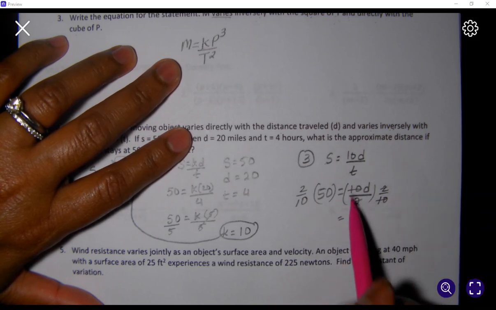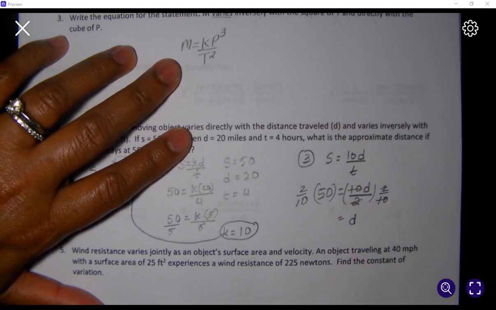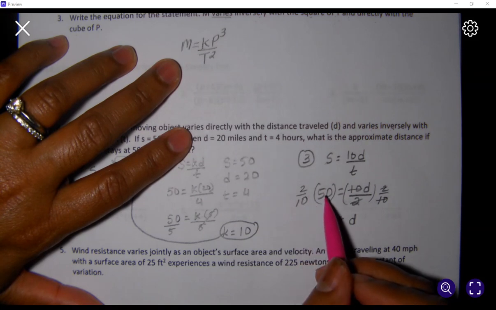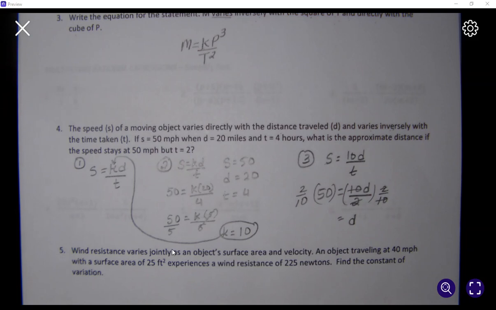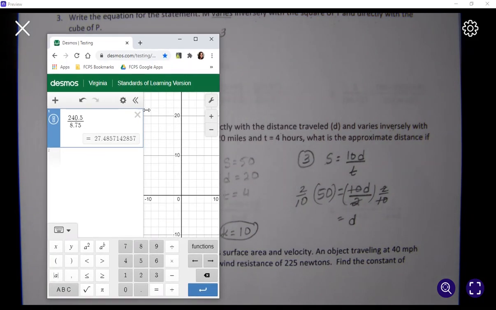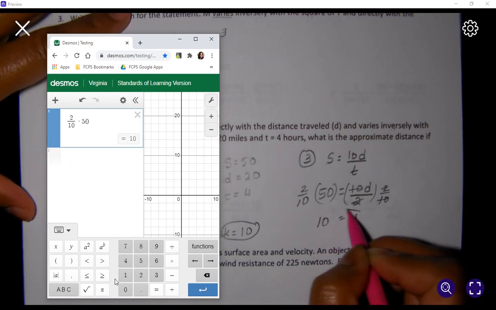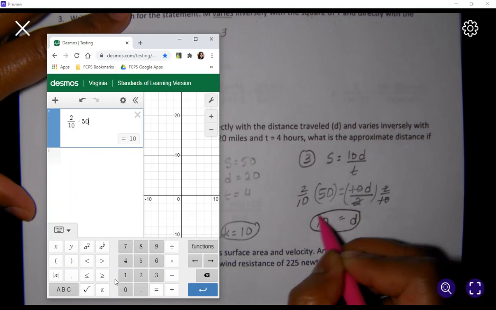Or you could have just simplified it first and then divided out. It's the same thing. So 2 times 50 divided by 10, that'd be 100 divided by 10. So distance equals 10. That's my final answer.